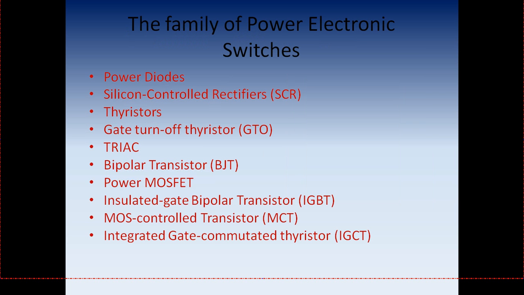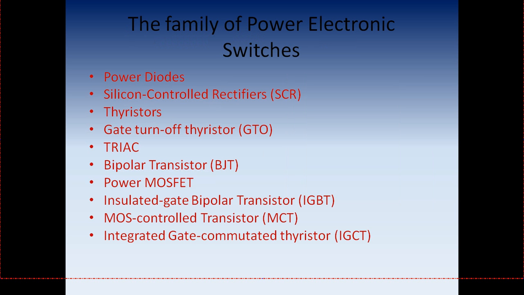In the family of power electronic switches, there are a lot of varieties: power diodes, silicon controlled rectifiers, thyristors, gate turn off thyristor, the triacs, bipolar transistor, power MOSFET, insulated gate bipolar transistor, MOS controlled transistor, integrated gate commutated thyristor.